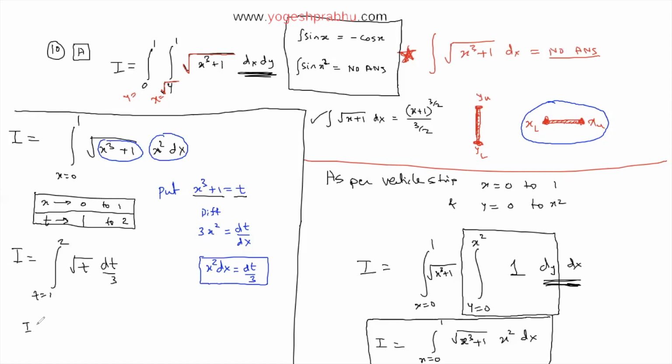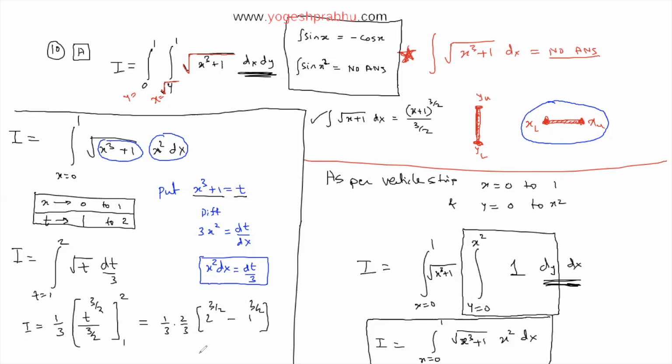So then you'll get I equals, now we can solve this. I'll keep that 1 by 3 outside. And then the integration of t will be t to the 3 by 2 divided by 3 by 2, and this will go from 1 to 2. So the answer will be 1/3 times 2/3, times 2 to the 3 over 2 minus 1 to the 3 over 2.